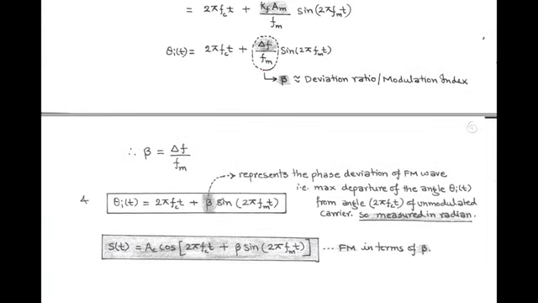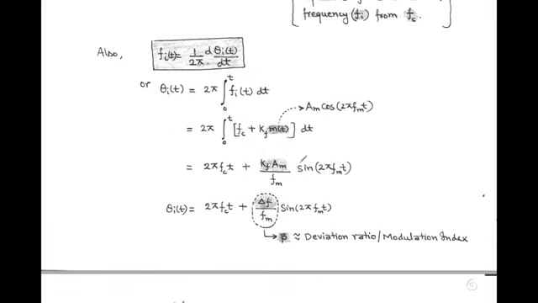Here beta equals delta f upon fm. Here the first term, 2 pi fct, represents the angle of the unmodulated carrier. In the second term, beta represents phase deviation, that is the maximum departure of instantaneous angle from the unmodulated carrier angle, measured in radian.